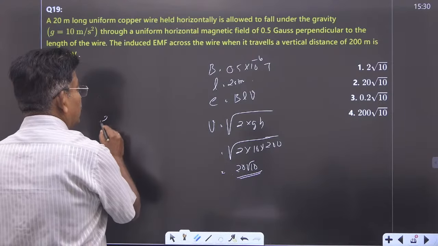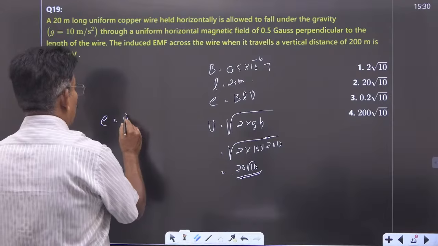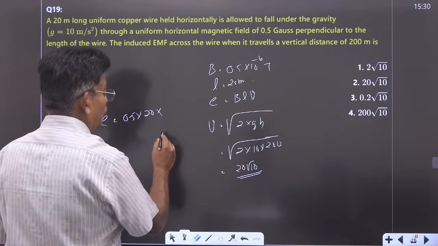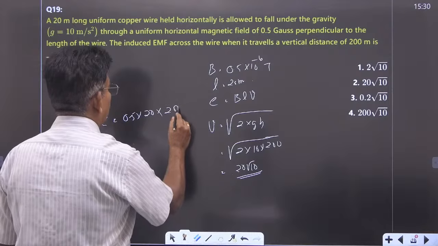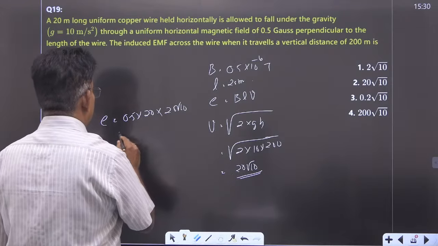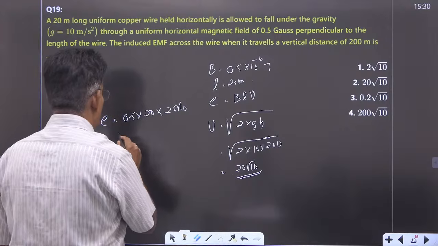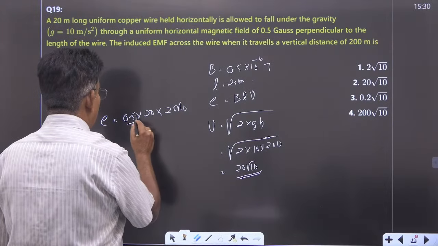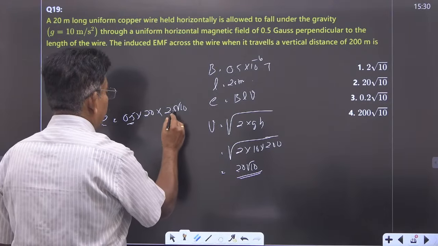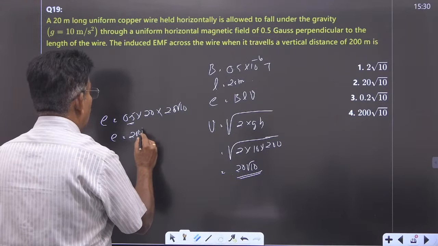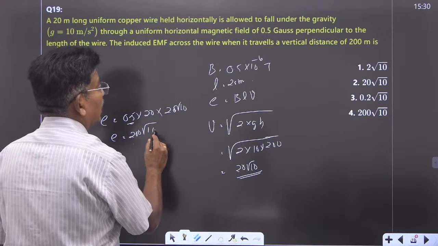Then induced EMF will be, what is B? 0.5. L is 20 meter into velocity 20 root 10. 0.5 into 20, that is 10. 10 into 20 root 10, induced EMF is coming to be 200 root 10.